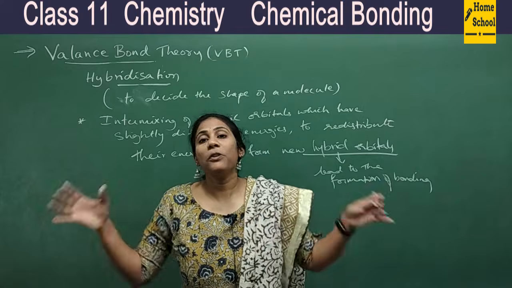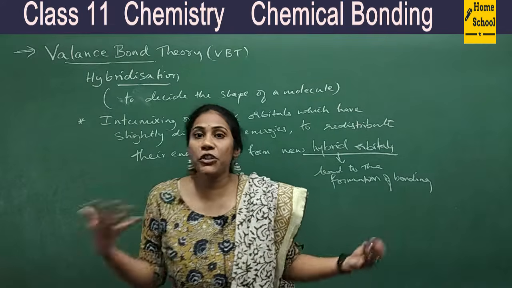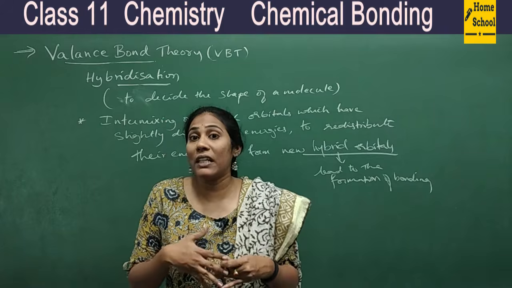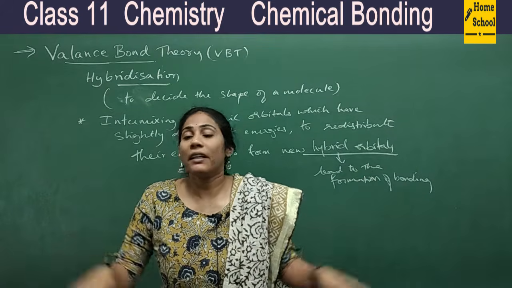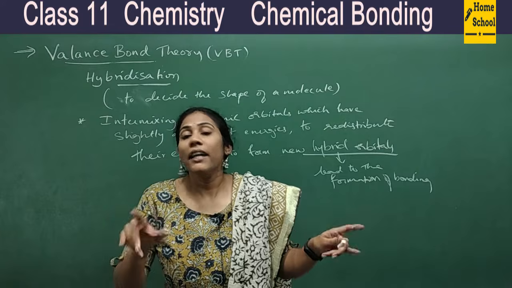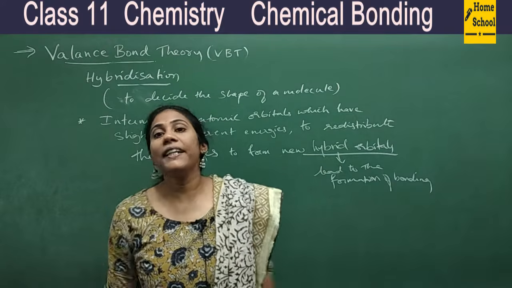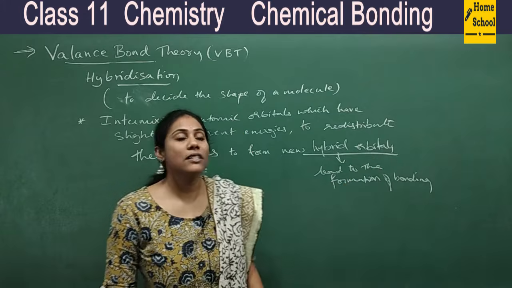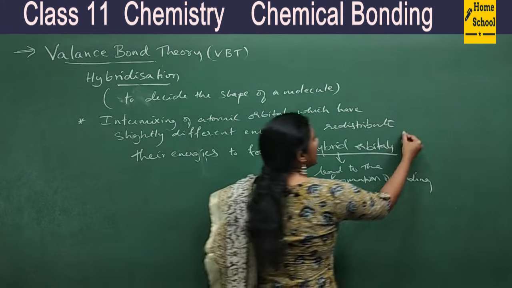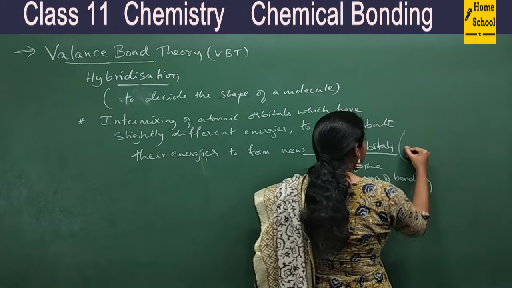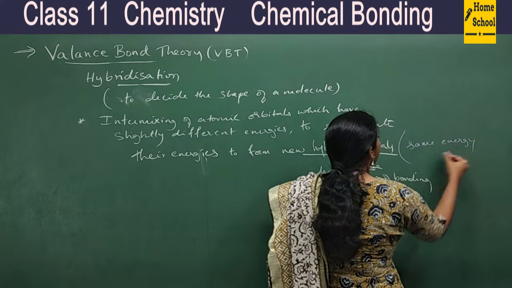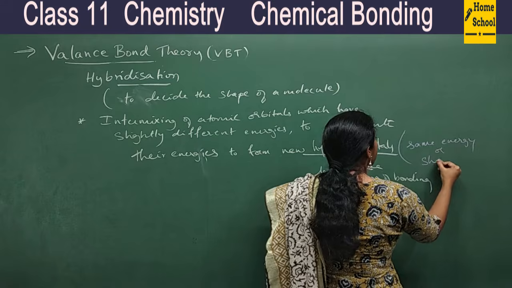So they redistribute their energies and become new rejuvenated orbitals, ready for overlapping, ready for bonding. Such rejuvenated new orbitals are called hybrid orbitals. Usually these hybrid orbitals have the same energy and the same shape.